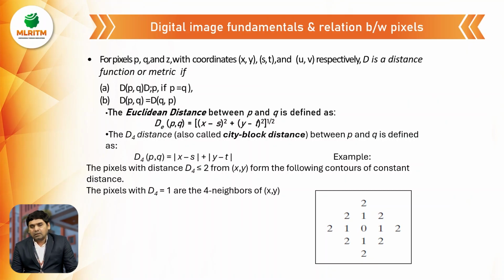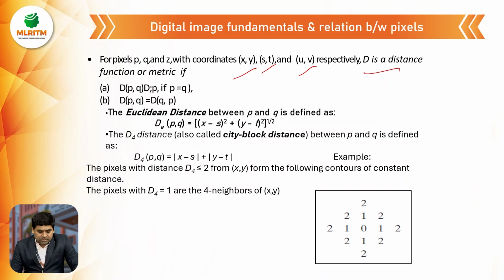For pixel p with coordinate x comma y, pixel q with coordinate s comma t, and pixel z with coordinate u comma v, these 3 pixels have 3 coordinates. So these 3 coordinates give the distance measure between each pixel.